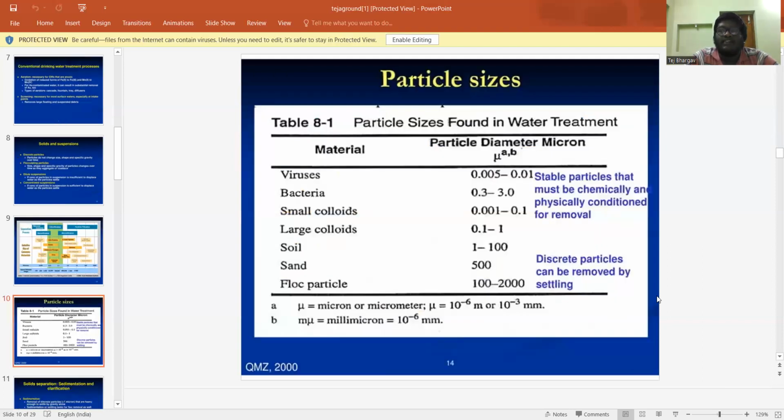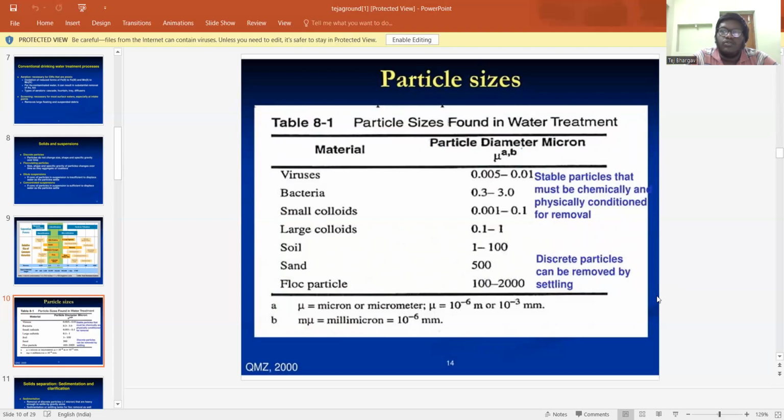Next, particle size. Particle sizes of materials found in water treatment: viruses are around 0.005 to 0.001, bacteria around 0.3 to 3, small colloids around 0.001 to 0.1, large colloids 0.1 to 1, soil 1 to 100, sand 500, floc 100 to 2000.